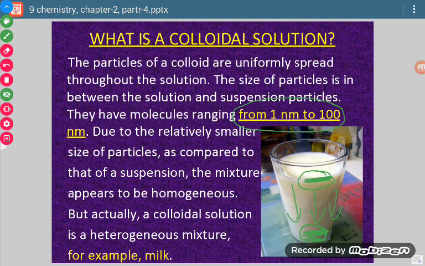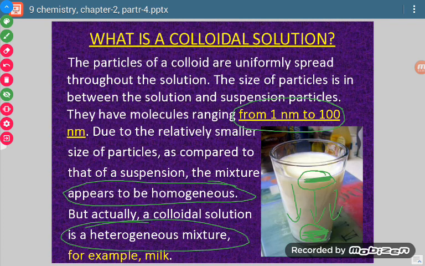So we use the words: appears to be homogeneous, but it is actually a heterogeneous mixture.